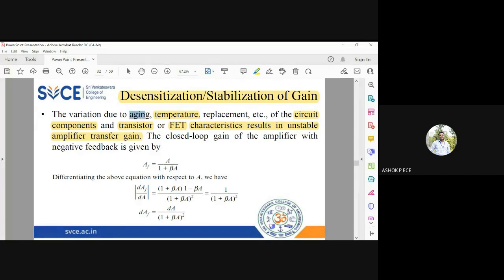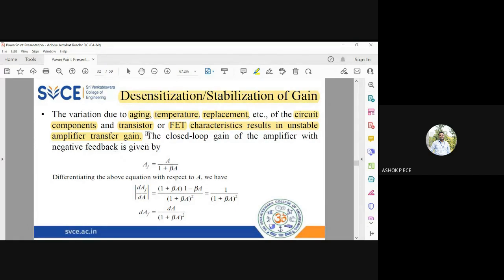Whenever these components become old, they don't function as expected, and whenever you replace some of the components, it may not work with the existing components in your circuit. So all these reasons will cause a change in gain. The gain value will try to change. It is going to become variable. It's not going to be constant.